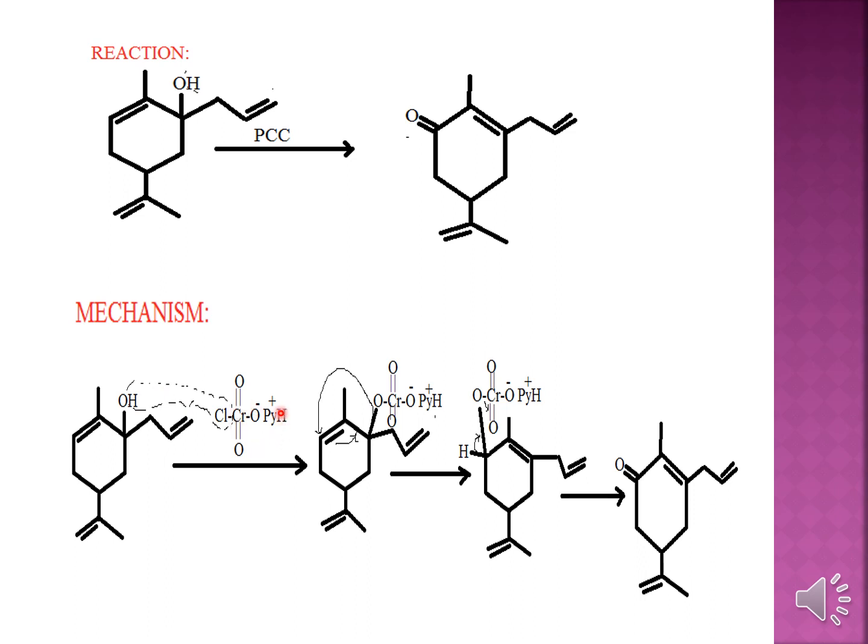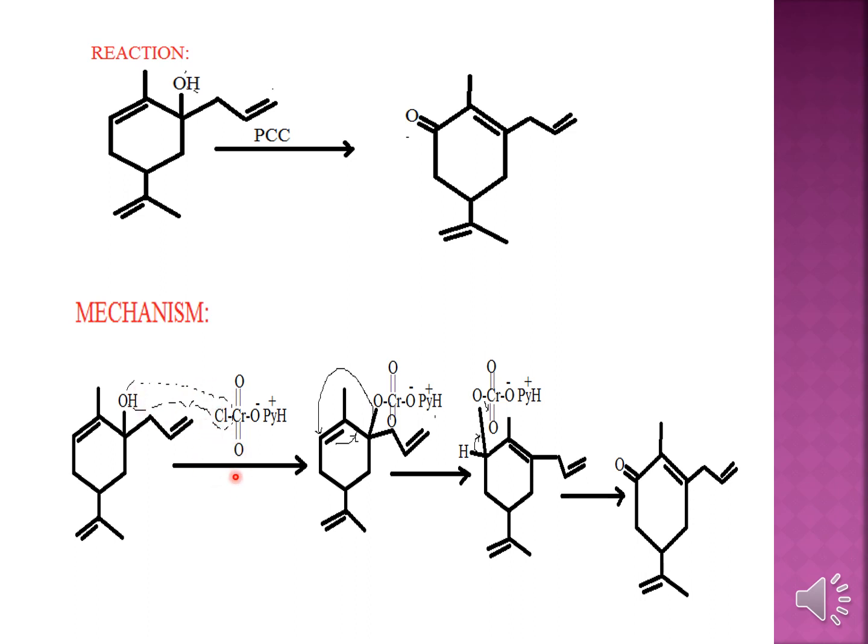Again we take the reagent, pyridinium chlorochromate. One of the HCl molecules is getting cleaved here. In the earlier case with OH you were cleaving out the water molecule, but here you are removing HCl, that is the acid.